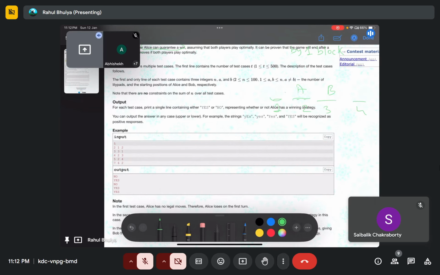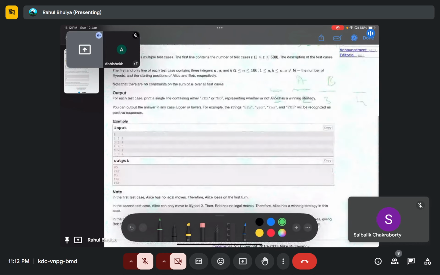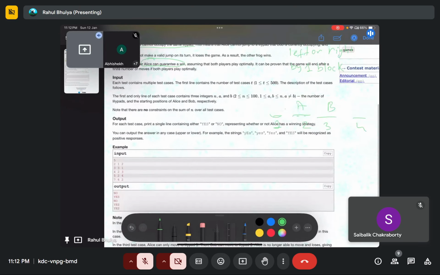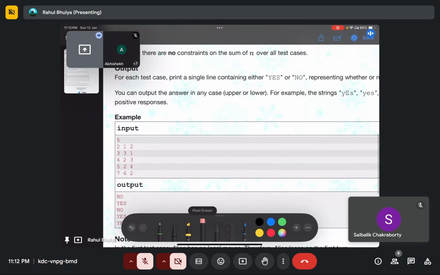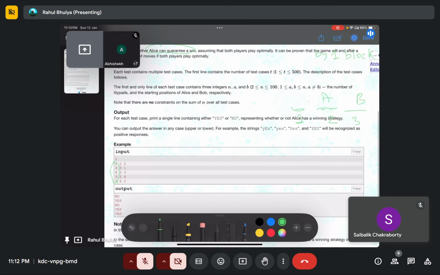If you just assume this 2, 3 example and iterate over, you will understand that there is no use of the number of lily pads, because you can move here or there, and then after some positions they will again combine to that original position.